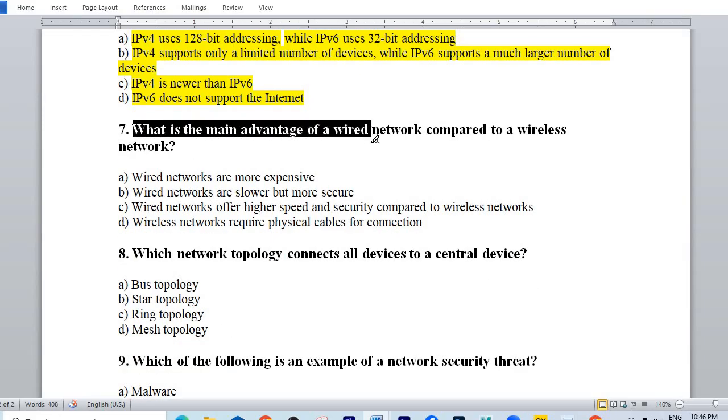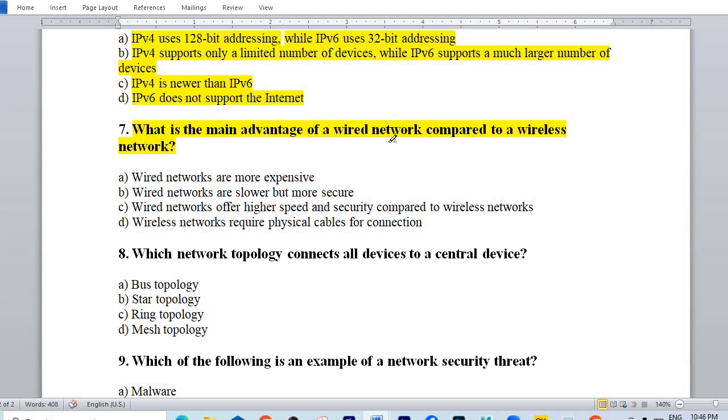Question number 7. What is the main advantage of a wired network compared to a wireless network? A. Wired networks are more expensive.